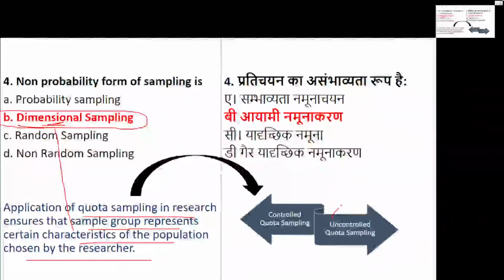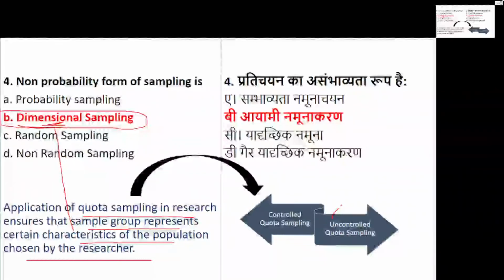It means that in non-probability sampling, the sample is selected based on non-random criteria, where not every member has a chance of being included from the population. So that is the method. The method is non-random. Don't get confused. I hope it is very clear with everyone.